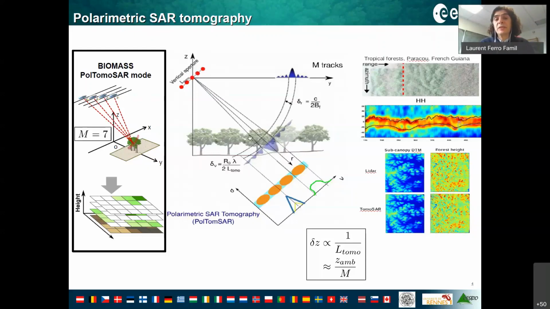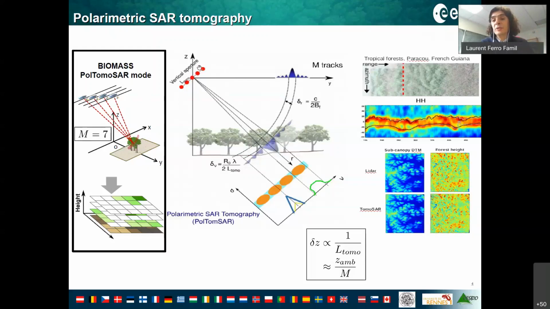So if you measure a distance, in this case, from this point, if you have a given resolution in range, you will be able to measure the distance of all the points belonging to this resolution cell here. And this is extremely good because you can localize environments. But in the case of volumetric media, this is not that good, because using this kind of processing, you will not be able to differentiate the response of the tree canopy here and the ground, because they are located exactly at the same distance.